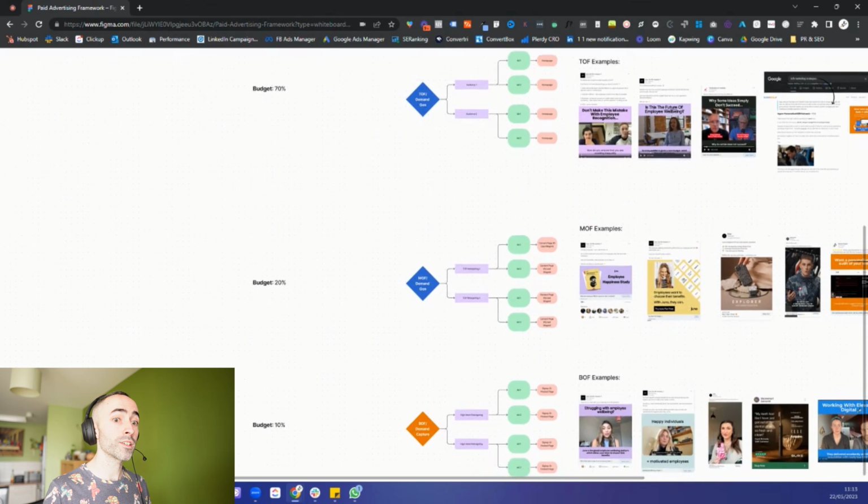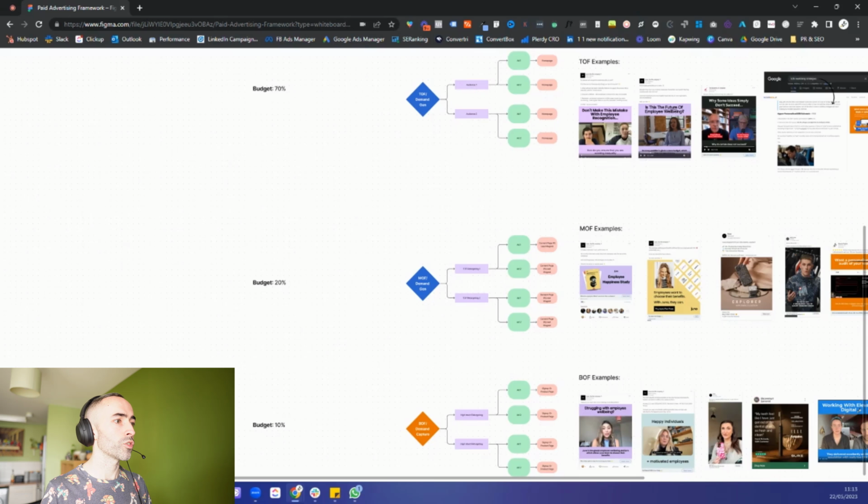Now, that's not to say if you do currently have a Google search campaign running, you're getting leads from it, maybe it's your main acquisition channel for the business, you just want to turn that off, because you need to have an acquisition channel that is currently bringing you in revenue and profits for the business.